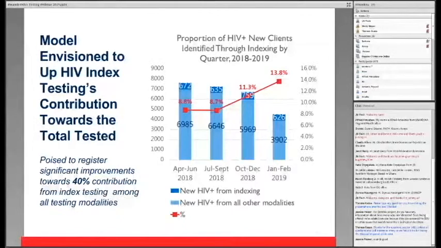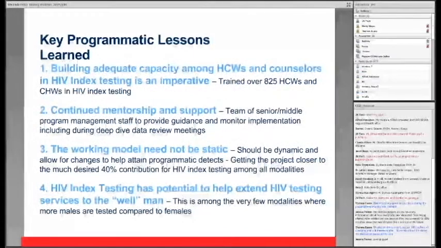We would like to push this 14% to 40% through the use of some of the strategies that I've already mentioned, including ensuring that each and every client is actually index tested and you get through to their partners. So a few programmatic lessons as I bring this to a close.